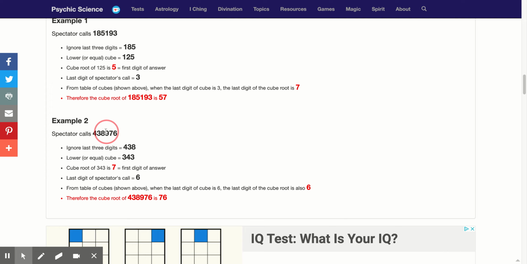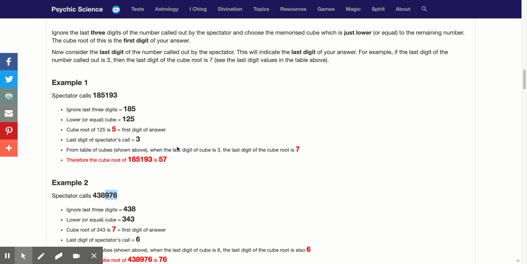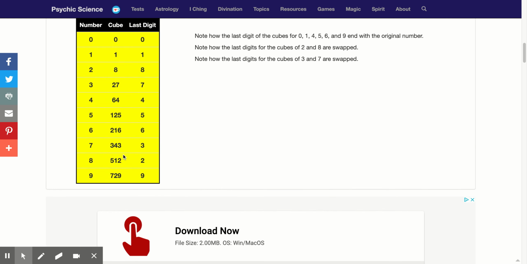Now I'm going to ignore the last 3 digits, pretend those aren't there, and I'm looking at 438. Well, what cubed gives me a number closest to 438, because I know nothing cubed is 438, without exceeding or going over 438? Let's look. 438 is what I'm looking for. 7 cubed is 343.